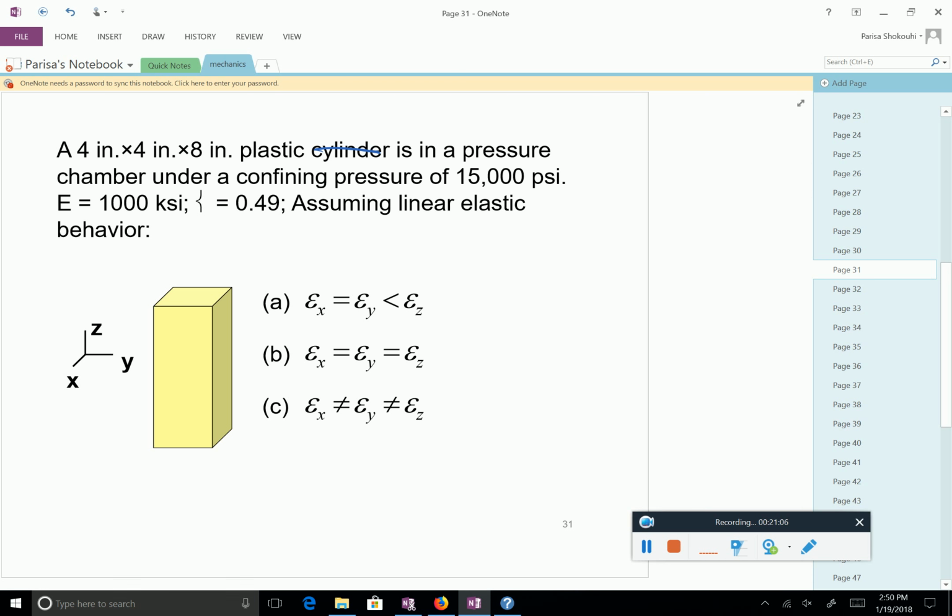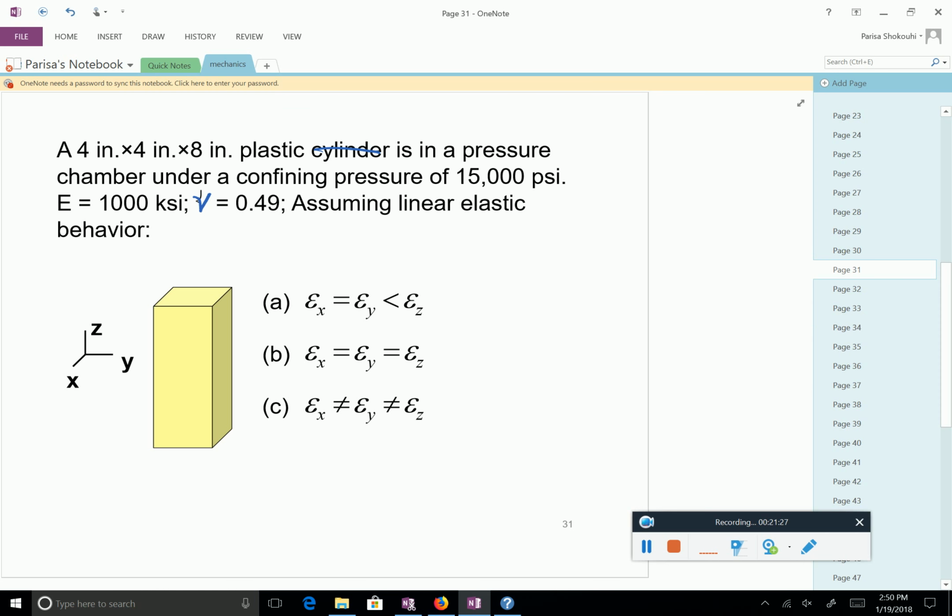And here, elastic modulus is given and Poisson's ratio, and linear elastic behavior. The question is, what relationship holds? And this is an FE exam question, so it's something that may take impact.